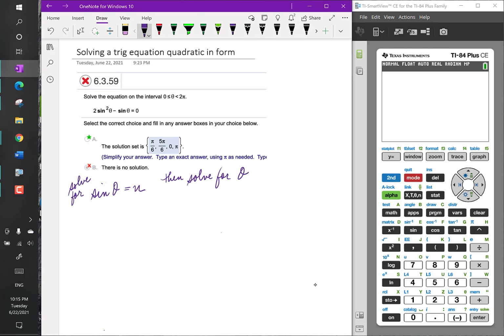So using this identity, we can rewrite this equation as 2u squared minus u equals 0.